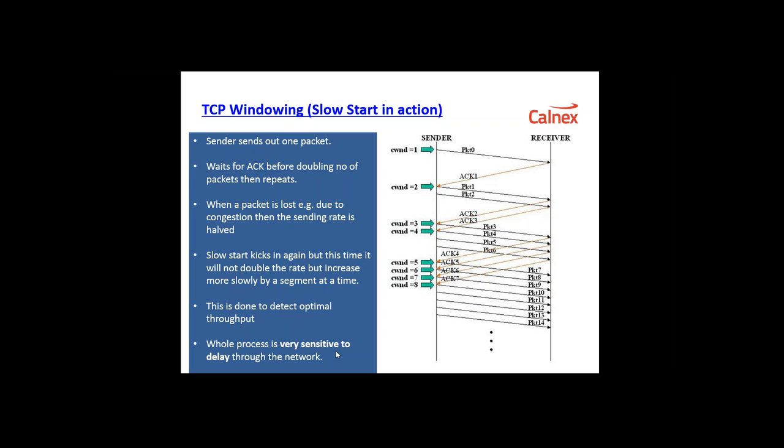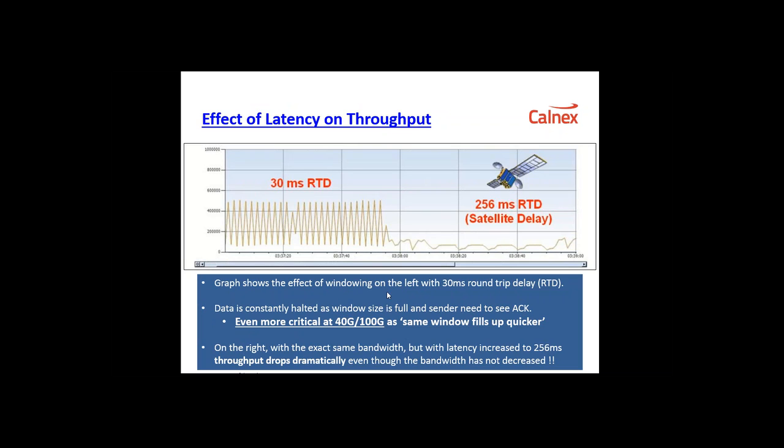The whole process is obviously very sensitive to the delay through the network, because if the acknowledgement doesn't come back in time or is lost, then obviously TCP kicks in and controls the amount of data going through. If we look at some real-world examples of how this impacts, you can see that with just a 30 millisecond round-trip delay, again, a quite reasonable number in transmission, you can see the impact that TCP windowing has on the throughput.